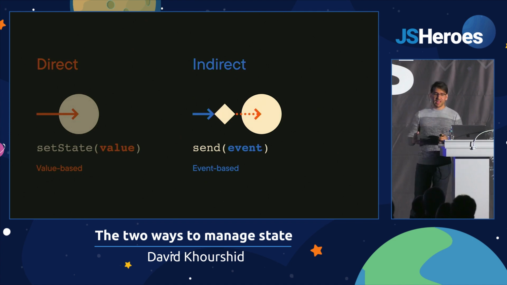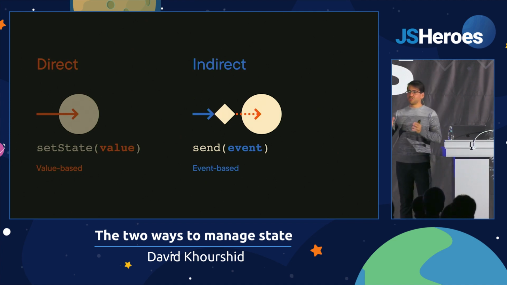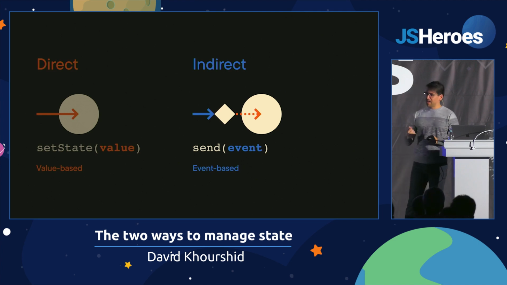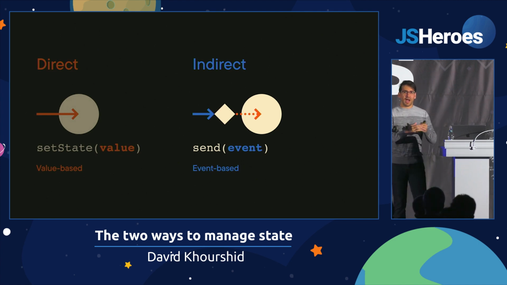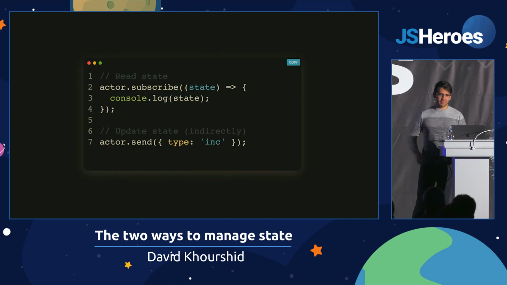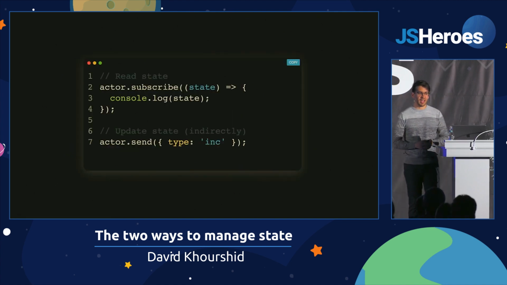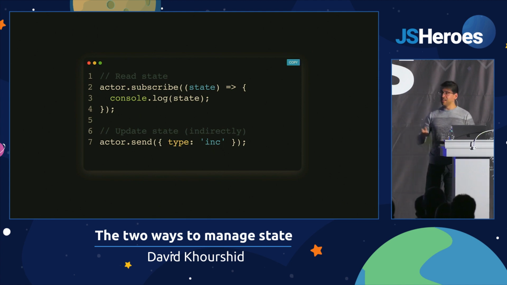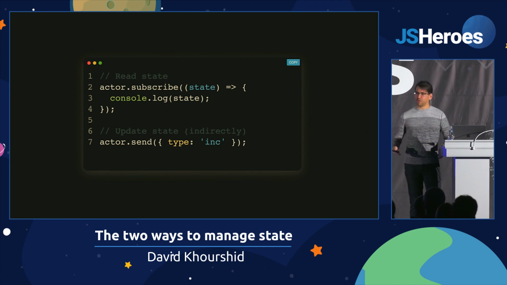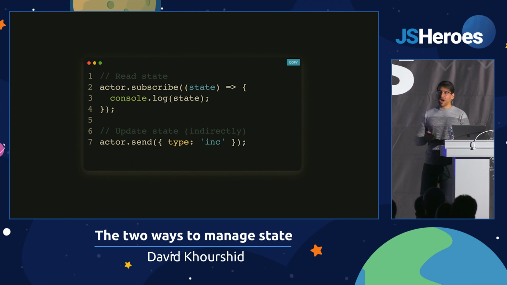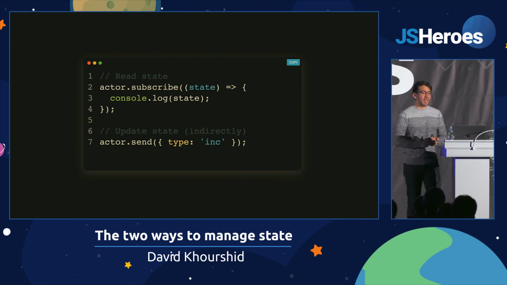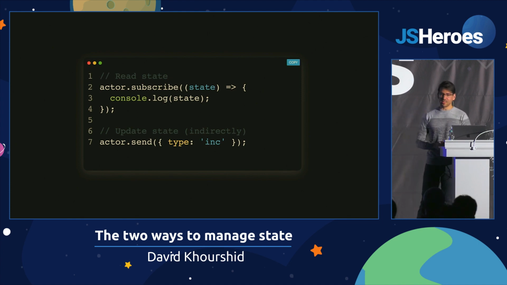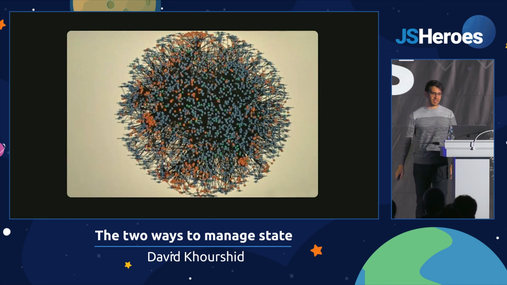These events are handled by some centralized place that says, okay, I have this event, and now I'm going to decide myself what to do with that event once I receive it, based on the current state. And so our logic is simplified to two things. We're either reading state, through subscriptions or otherwise, and we're updating state indirectly by sending events. It doesn't matter how complex your application is, it basically comes down to just these two things.